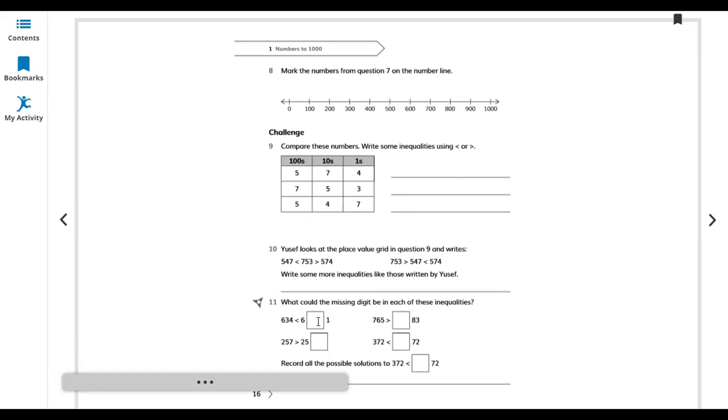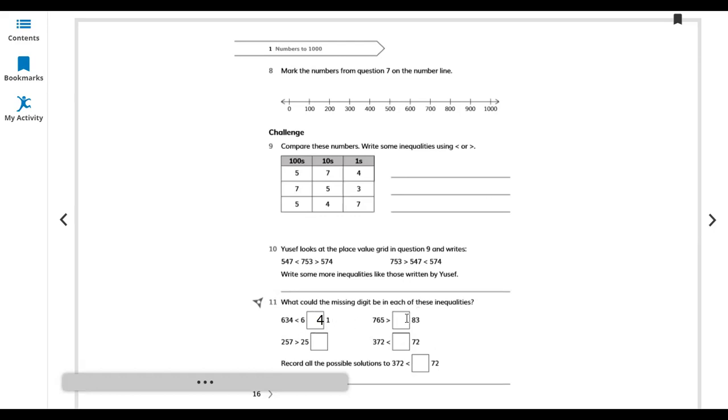It's less than 634. So 630, 631, 623, 600. It is less than, so 634, 644. You can write 651, 661, and so on.